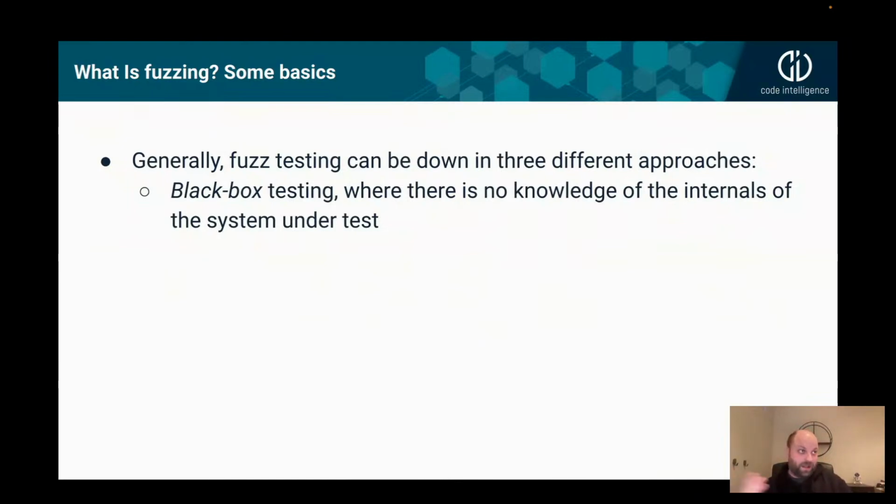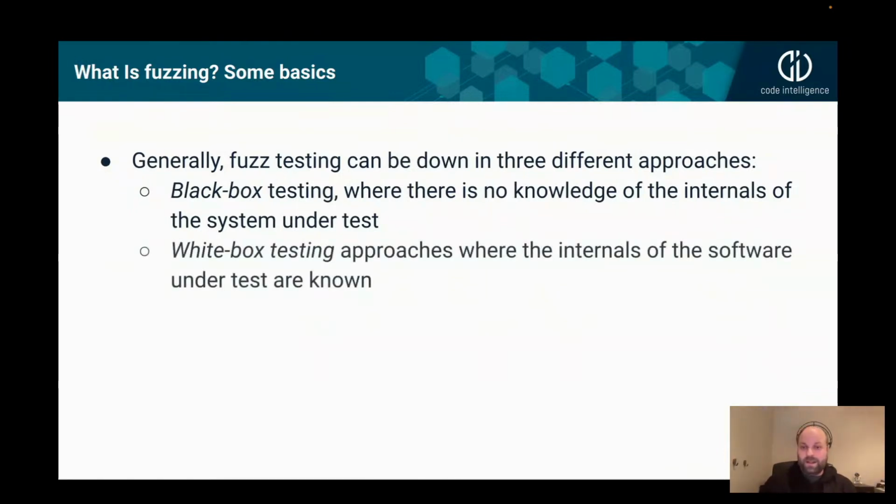This comes from the expression black boxes on airplanes. If an airplane crashes, black boxes reveal information around what was happening at the time, but you don't know exactly what was happening. Similarly, black box testing is where you just have inputs and outputs. You don't have access to the internals of a system. You can just explore it by passing inputs and seeing how the software reacts.